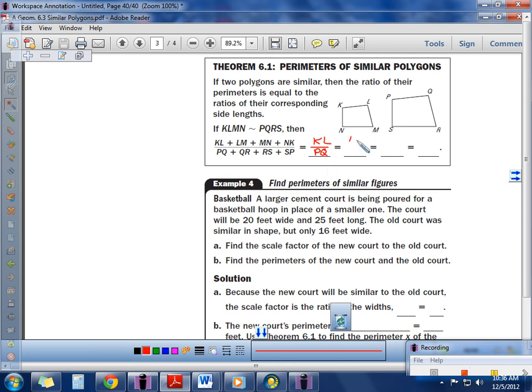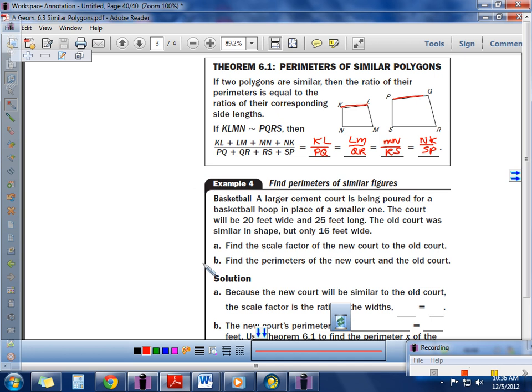Or you could say LM over QR, or MN over RS, or just NK over SP. So if a question asks you, what's the ratio of the perimeters, you could just compare two sides, and that's the same as the ratio of the perimeters.